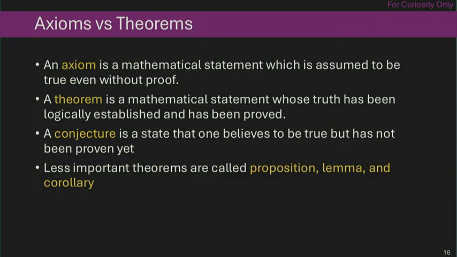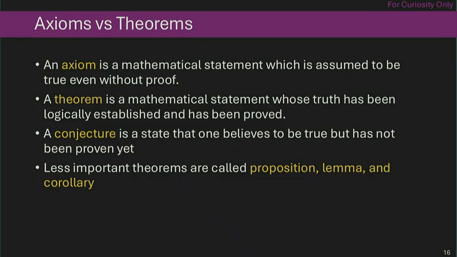To satisfy those axioms, you can only use AND and OR gates. And a theorem is a mathematical statement whose truth has been logically established and proven, which means these are additional statements that get proven based on the axioms. Once you define the axioms, you can prove more theorems, and you can use that wider set of theorems for your simplification purposes.